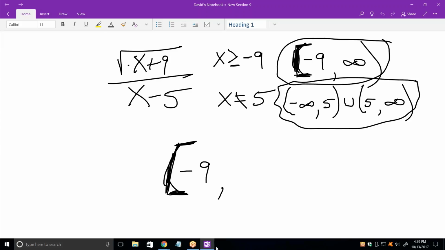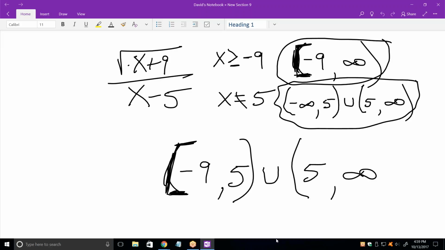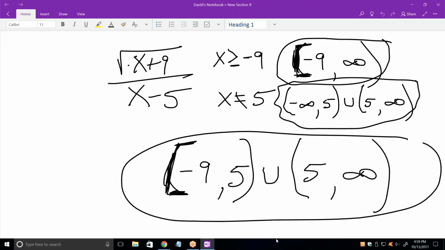However, it's not to infinity because I know it can't be equal to 5 either. So it can be anything from minus 9 to 5 in union with 5 to infinity. So that is what the domain of the one divided by the other is. That's F over G, or G over F, whichever it was. I didn't write it down.